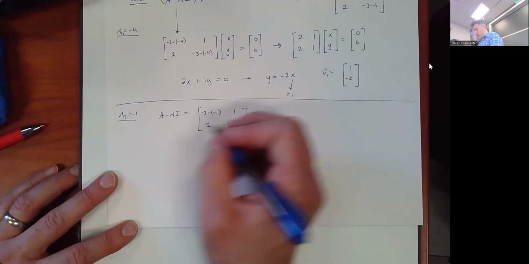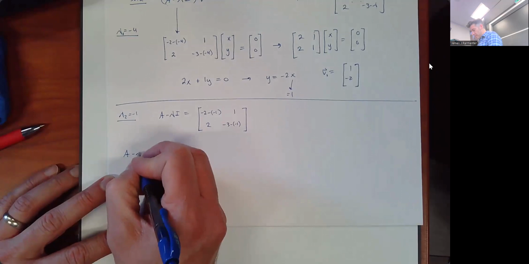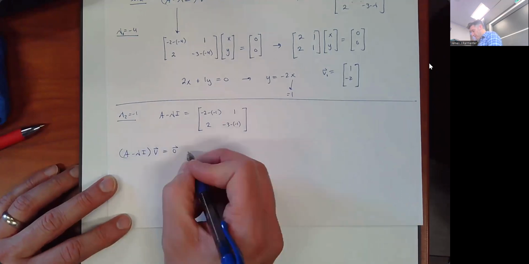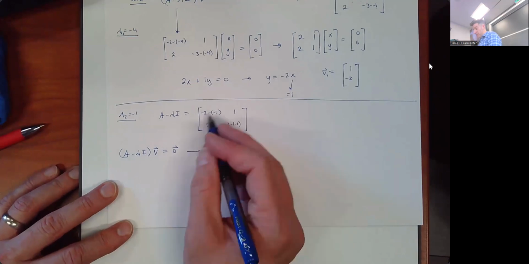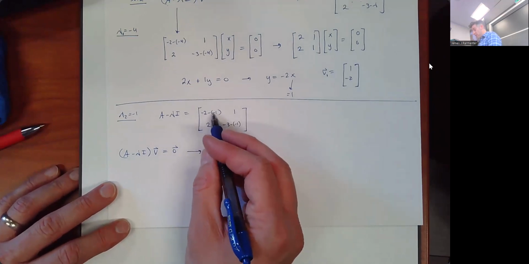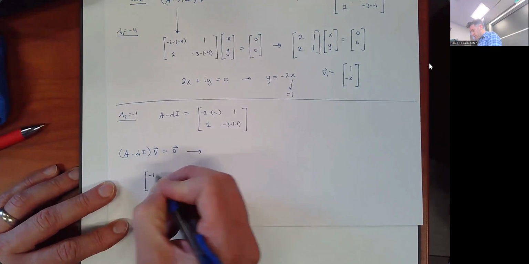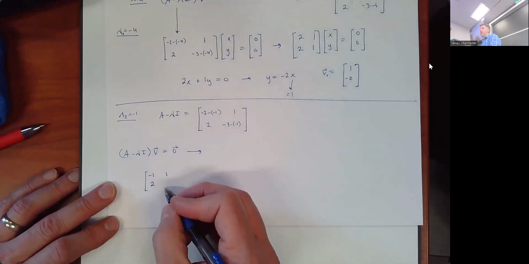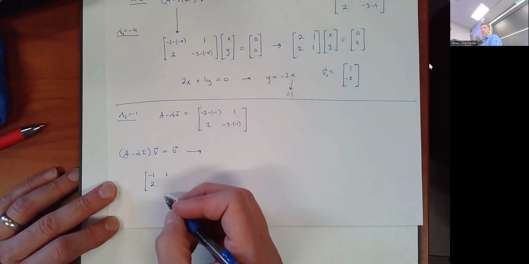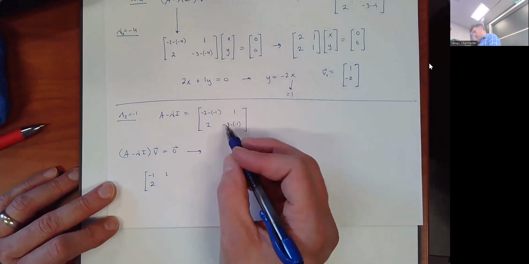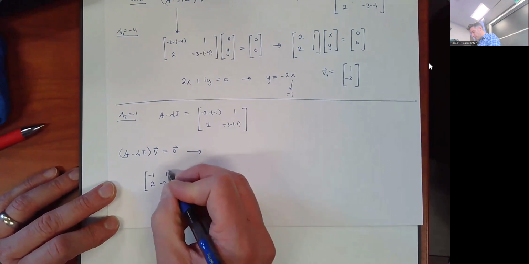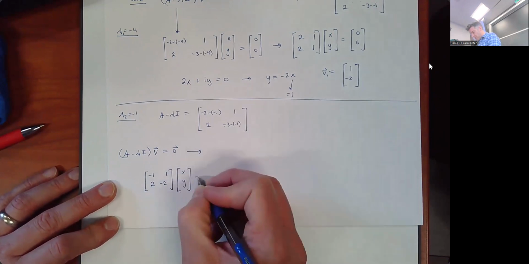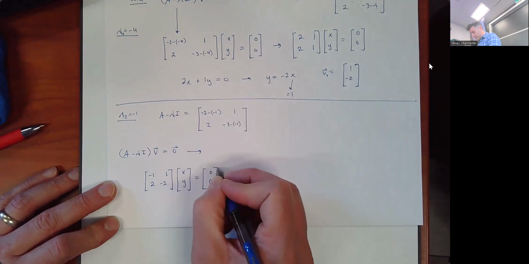So when I'm trying to solve A minus lambda I times V equal to 0, I'm really trying to solve this matrix. I am going to simplify. -2 plus 1 is -1, 1, 2, and I'm pretty sure it's going to be a -2 over here because the rows should be multiples of each other. Let's check. -3 plus 1 is -2 times my unknown eigenvector equal to my 0 vector.